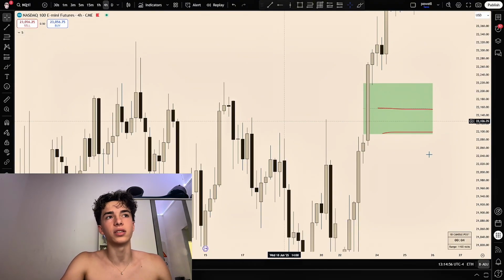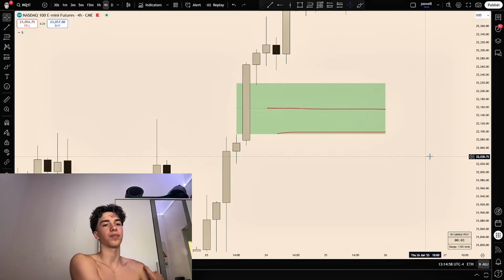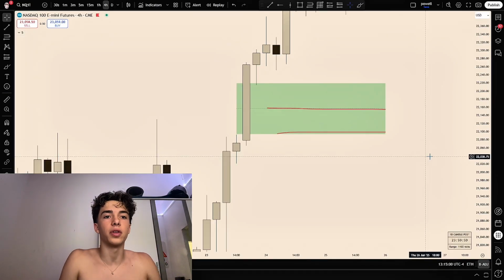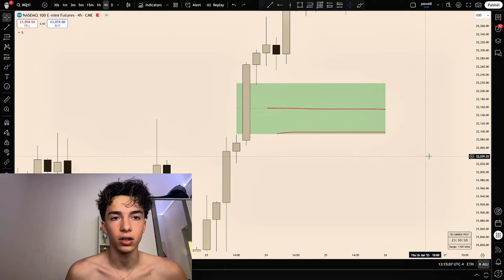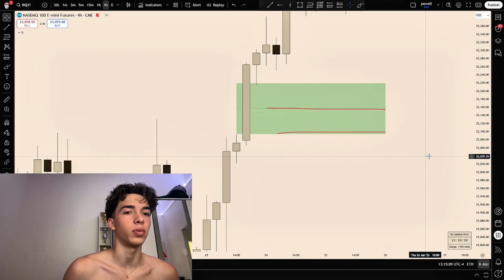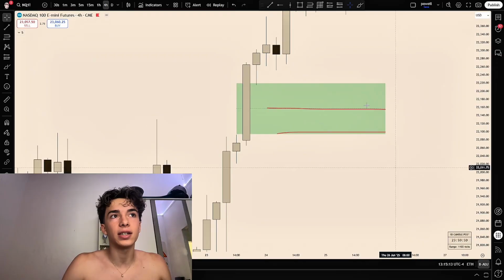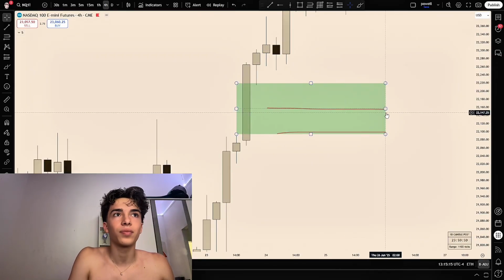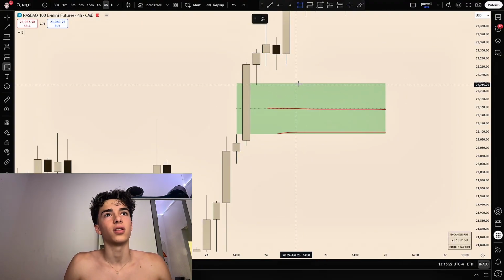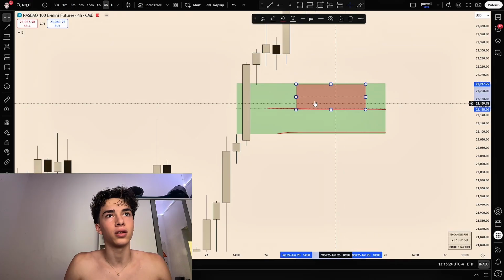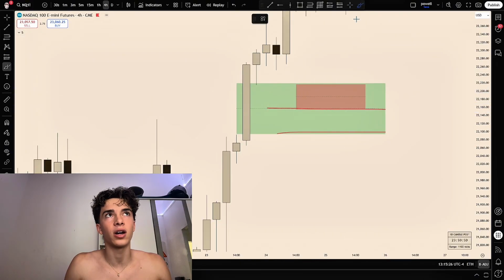Why are these very important areas of the fair value gap? There is specific information, but it's completely useless to know. I'm just going to tell you that these are our two main areas. Why do we use specifically these two and not, for example, the 25% or 15% mark?